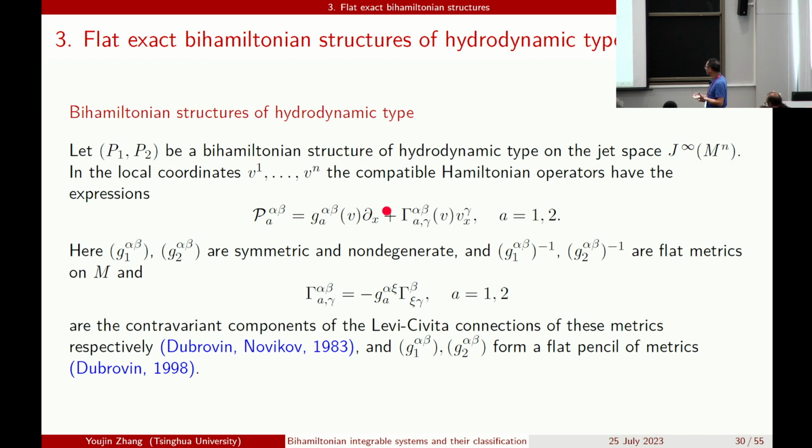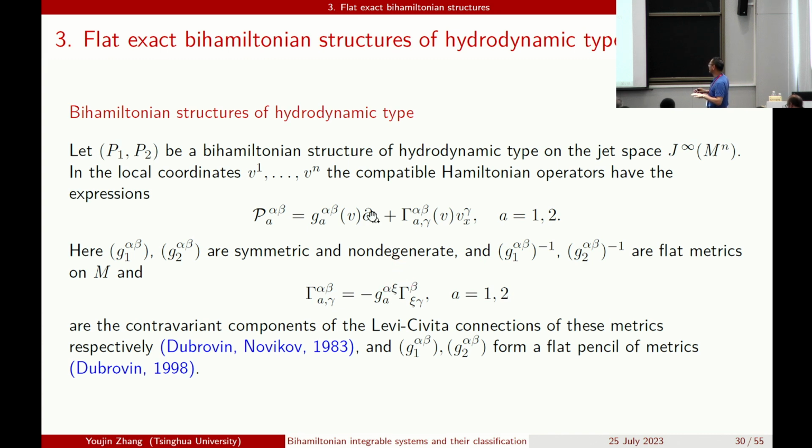They classified this kind of Hamiltonian structures and found that if this G with respect to alpha beta is symmetric and non-degenerate, then this P is a Hamiltonian operator if and only if this G is a flat metric of this manifold M, and this gamma is given by the so-called contravariant components of the Levi-Civita connection of this flat metric.